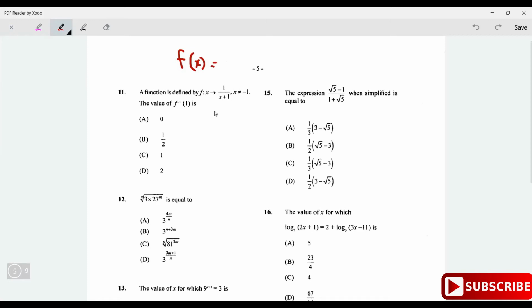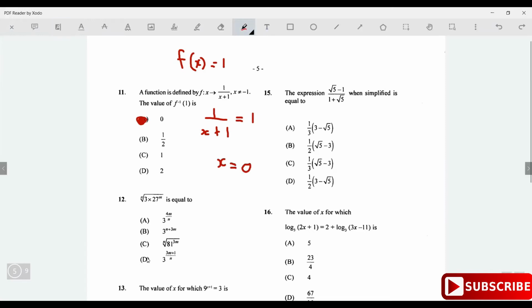Solving f of x equal to 1, you're going to have 1 over x plus 1 equal to 1. And so what we're going to get then is x must be 0. That's the only way, x is 0. Nice, easy.